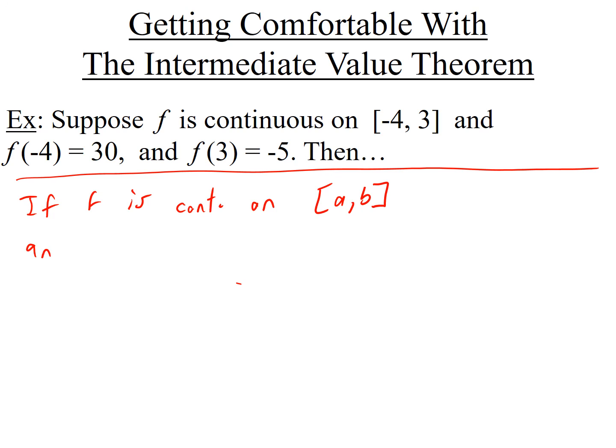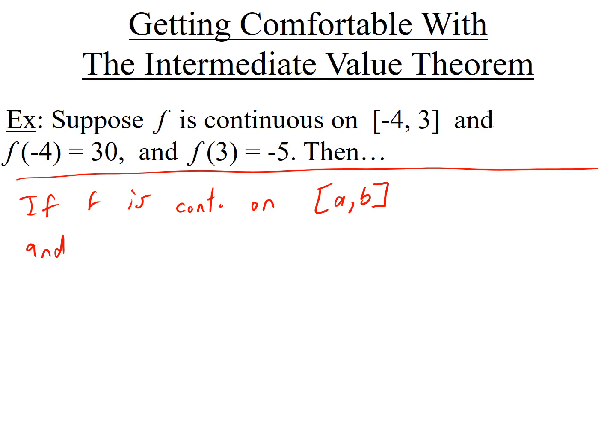and something else happens. Be careful, sometimes I have students write then right now. So you want to say if two things happen, then a third thing happens. So that's one thing. So if this and if this second thing happens, what's supposed to happen? Think about outputs right now. We have f of A and f of B are the two outputs of the endpoints, and you need a number between them.